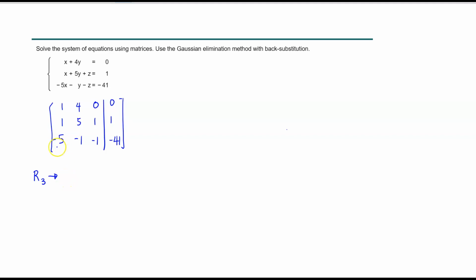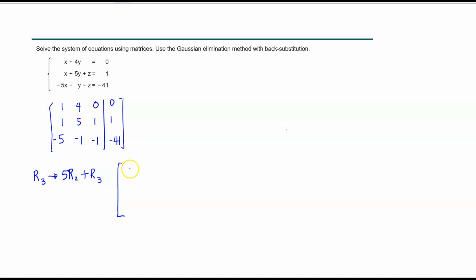Maybe what we can do is multiply the second row by positive 5, and then after you multiply this by positive 5, you will add that to row 3. Then this will be the resulting matrix.